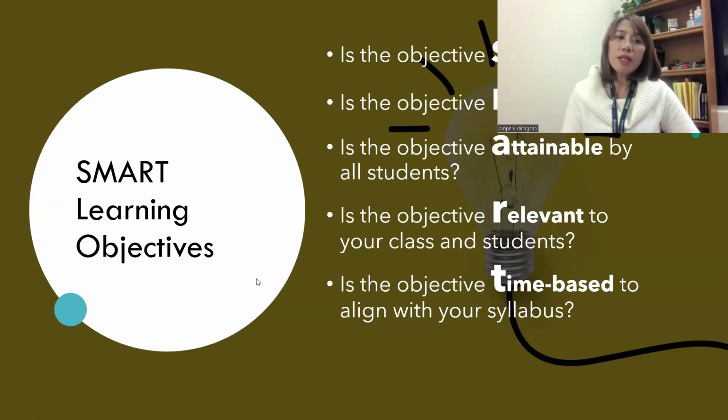SMART comes from the words specific, measurable, attainable, relevant, time-based. So when you write your learning objectives, look at your learning objective. Is it specific? Meaning, if someone looks at your objective, will they not ask questions like, what do you mean by this?